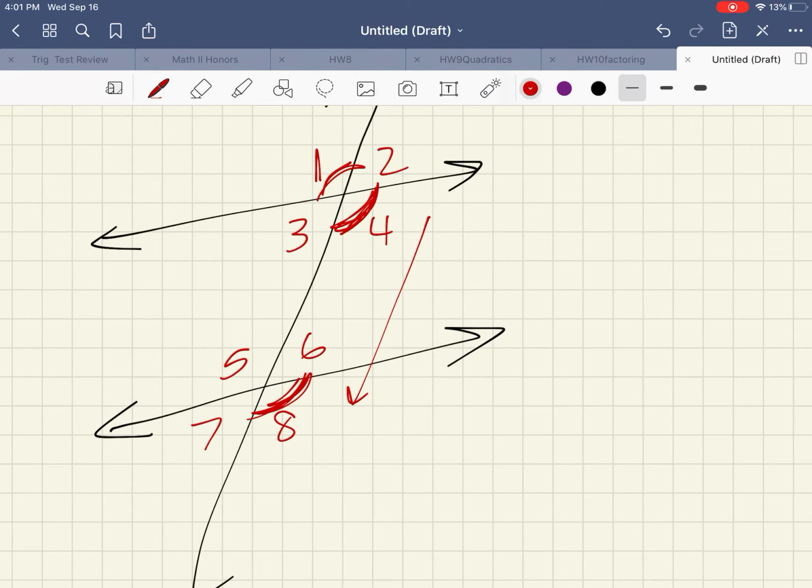So I know angle 1 is congruent to angle 8, so that's alternate exterior angles. I can do the same for the interior. I know that 2 and 3 are congruent, for example. If I transfer it down, I know that 7 is congruent to 3. But because of vertical angles, 6 is congruent to 7. So angle 3 is congruent to 7. Really, it's all just a mix of vertical angles and translations. These are just the names that we give to them.